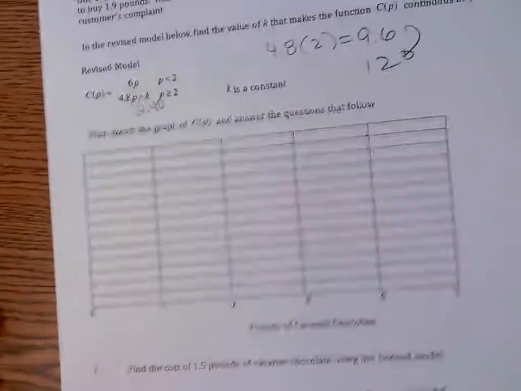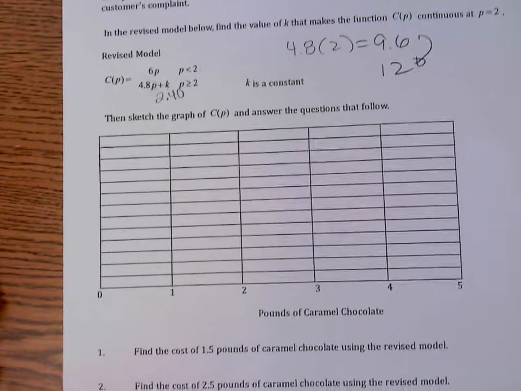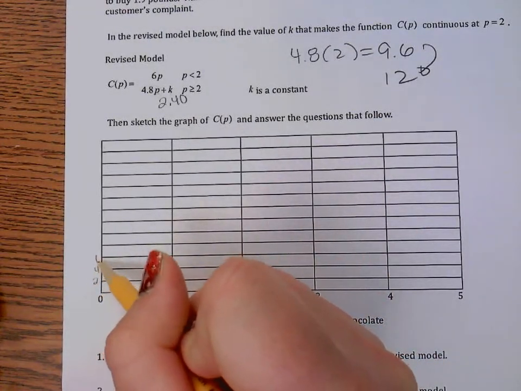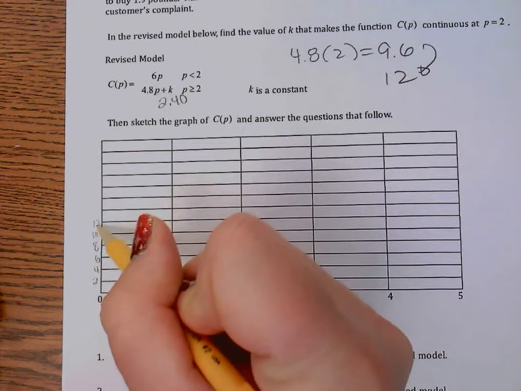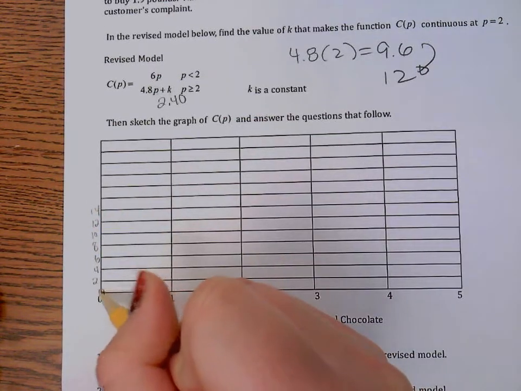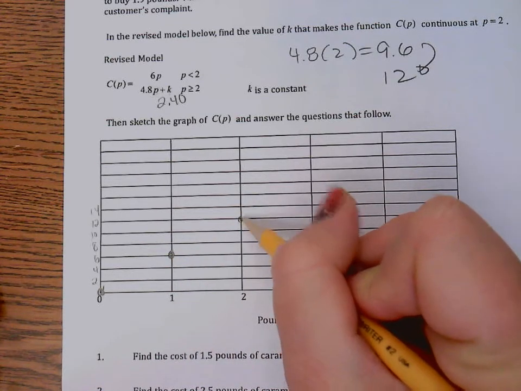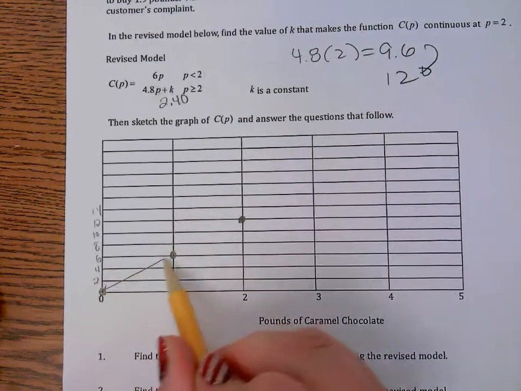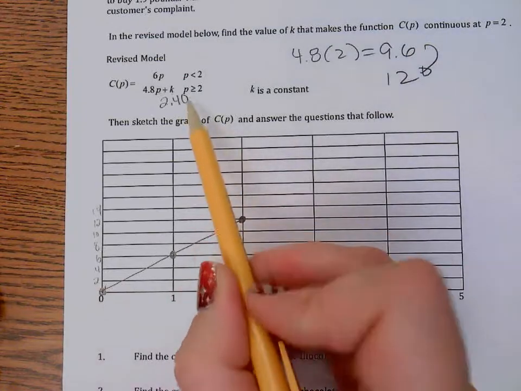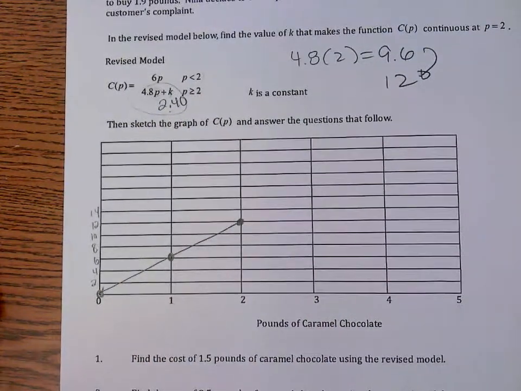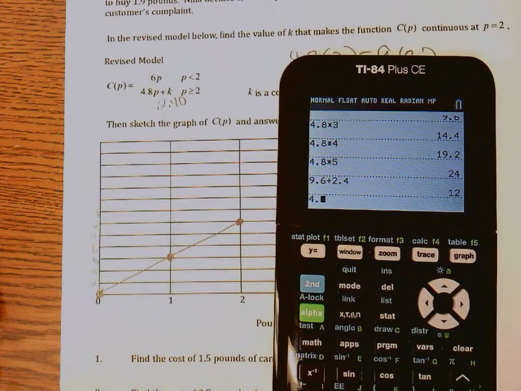So now let's sketch what the revised function will look like. So we could still count 2, 4, 6, 8, 10, 12, 14, still 0, 0, still 1, 6, and still 2, 12. But now I can fill that circle in because at 2, this function is also equal to 12. So what is that function when I do 4.8 times 3 plus 2.4? 16.8.